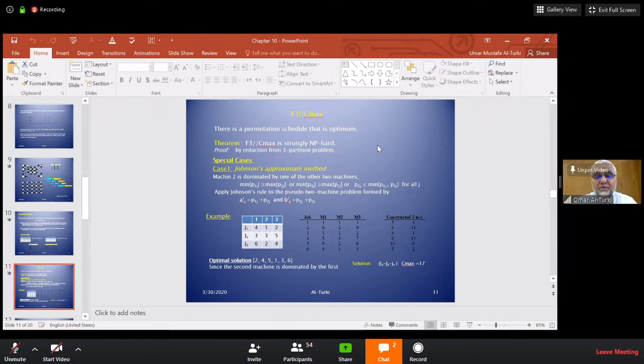Dominated by means the processing times on that machine are in general smaller than the processing times on the other machine. Or to be more specific, the highest processing time on the second machine is less than or equal to the lowest processing time on the other machines, at least on one of the other machines. You got it?